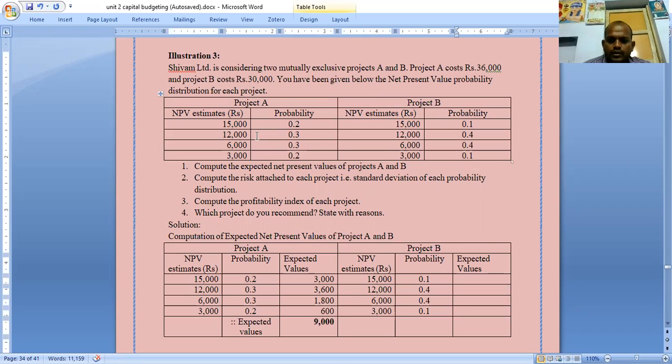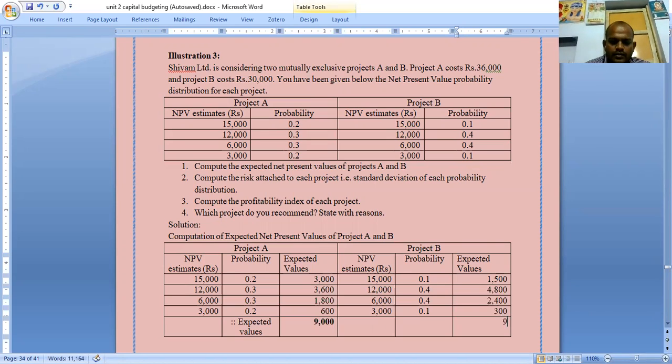So expected values of project B. 15,000 into 0.1, 1,500. 12,000 into 0.4, 4,800. 6,000 into 0.4, 2,400. 3,000 into 0.1, 300.